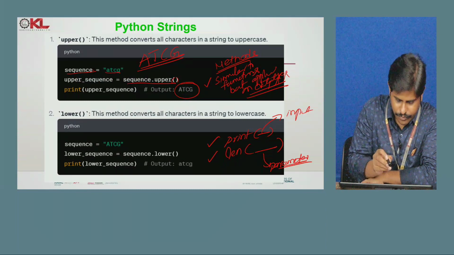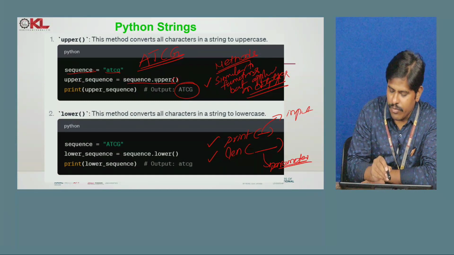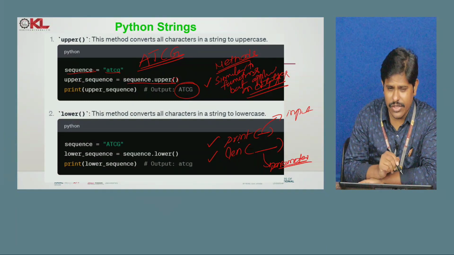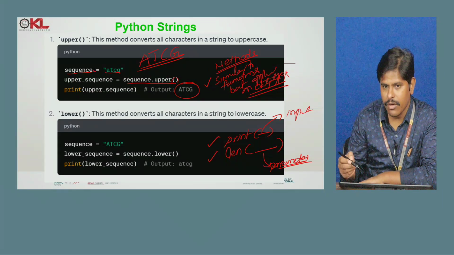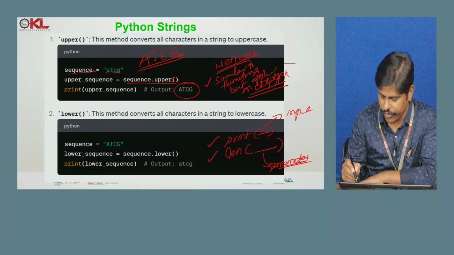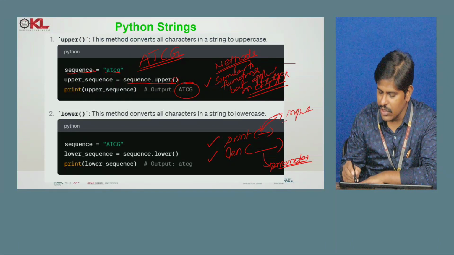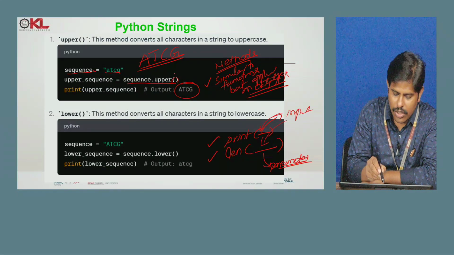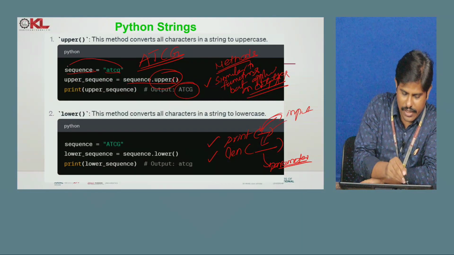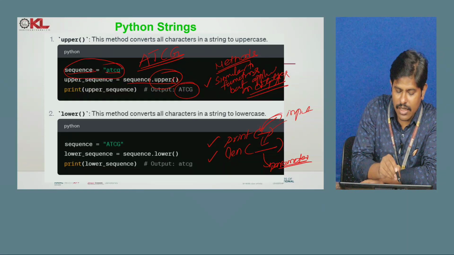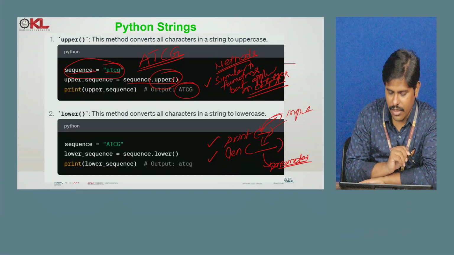In this case, dot upper is similar to the print and len functions. Print and len will work for whatever data you give, whereas this dot upper is called a method. It is only applicable to this sequence data or string data, that is atcg in this case.